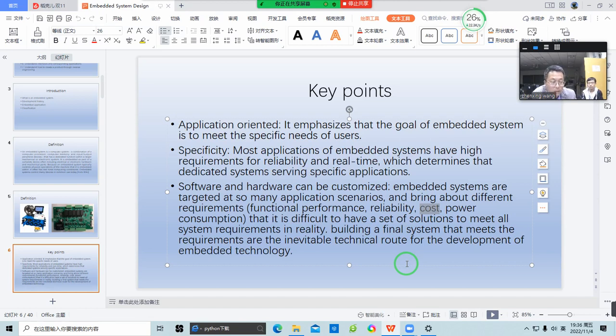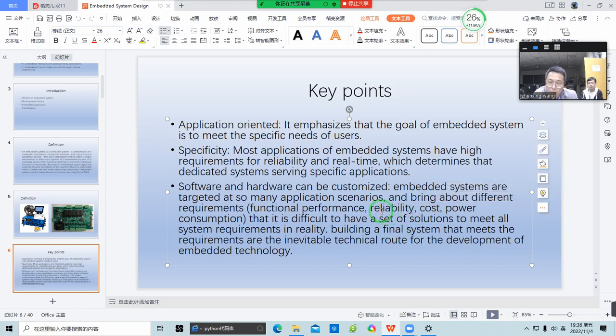Although sometimes the number of selling is not very good, you still need to balance the cost and the sales number, and the reliability. In an industrial controller, reliability is very important, but the cost is also very important.